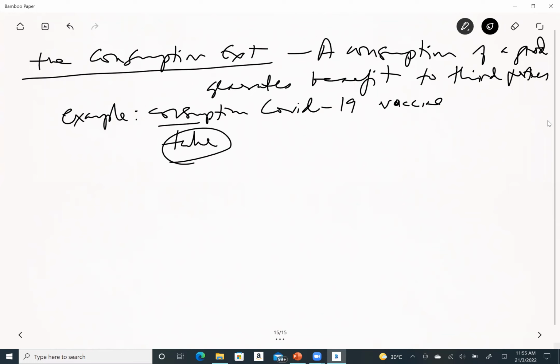If you take the vaccine, that means your taking of the vaccine generates benefit to other people. Other people will have less probability of getting COVID-19. Of course, you yourself will benefit, but other people will benefit in terms of being less likely to get COVID-19. So a good example here.